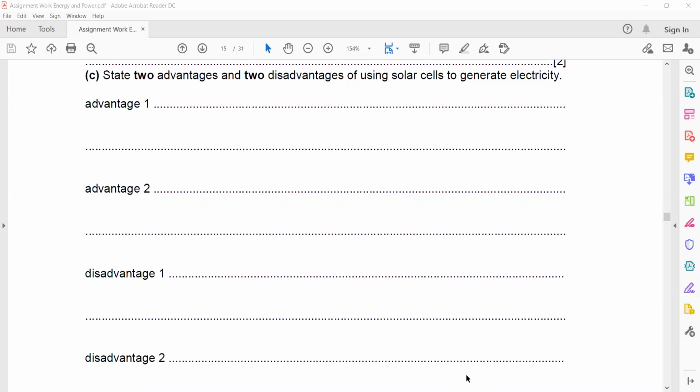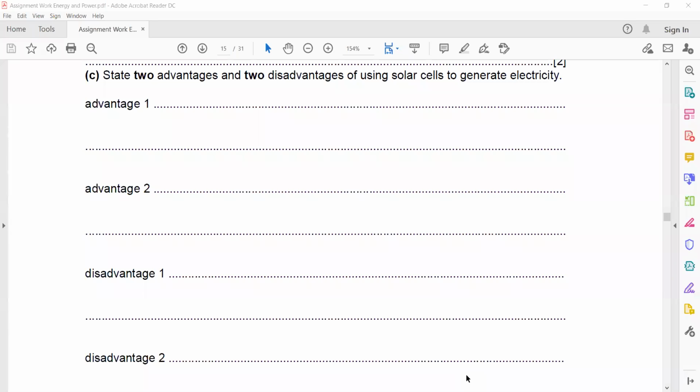Renewable. So you can mention no pollution or no polluting gases, low maintenance costs, cheap to run, and it is also clean.